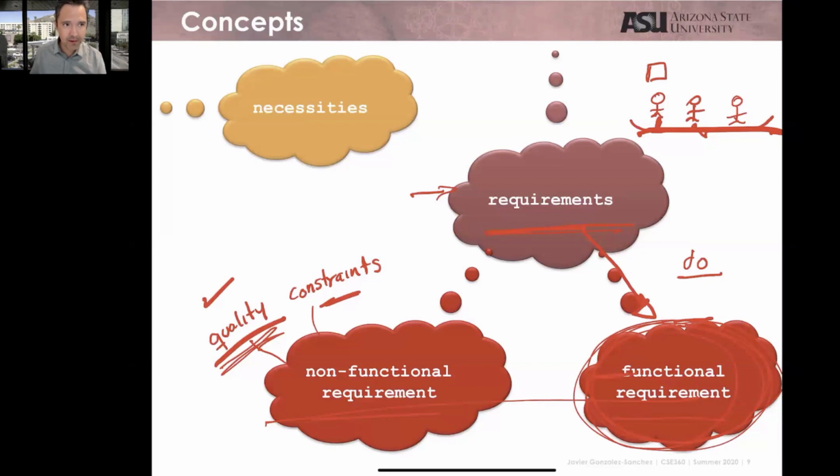Now, again, if I tell you, I want this beautiful window that asks you for the login and password, and at the top, Sparky is dancing. Sparky dancing, functional. Authentication, functional.